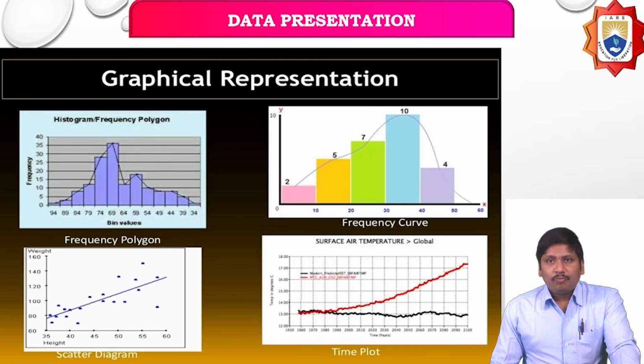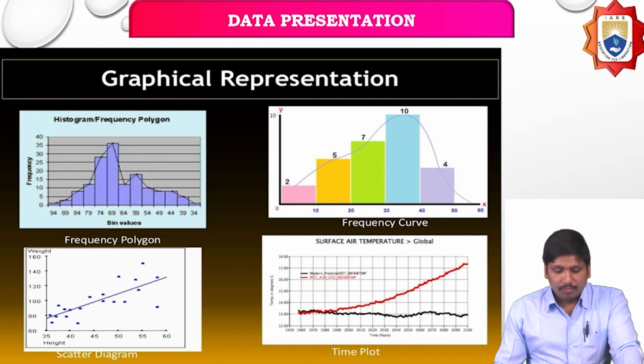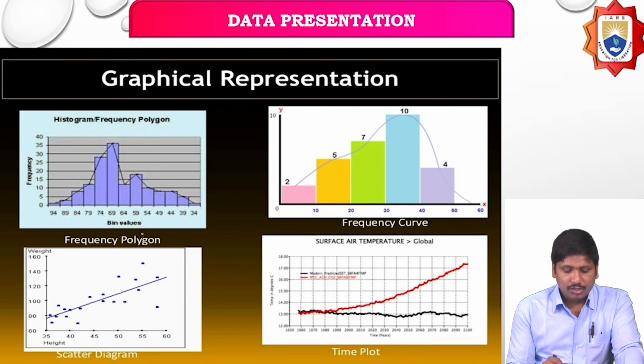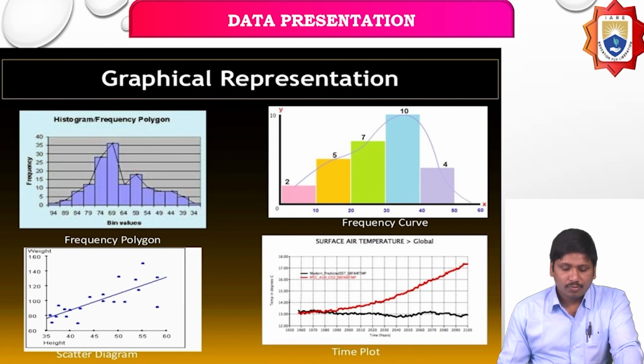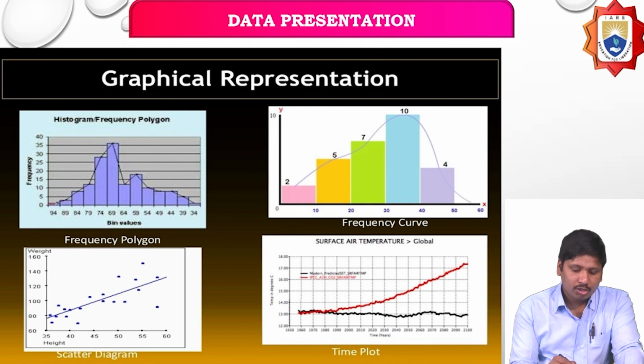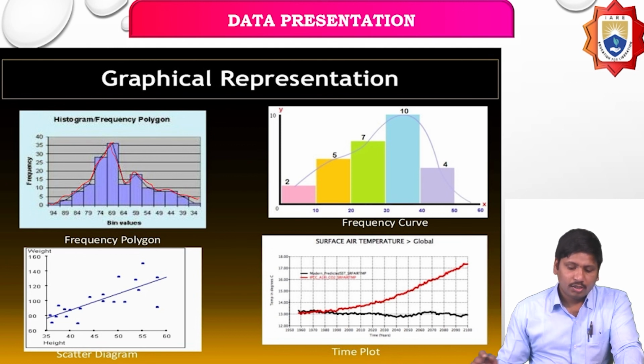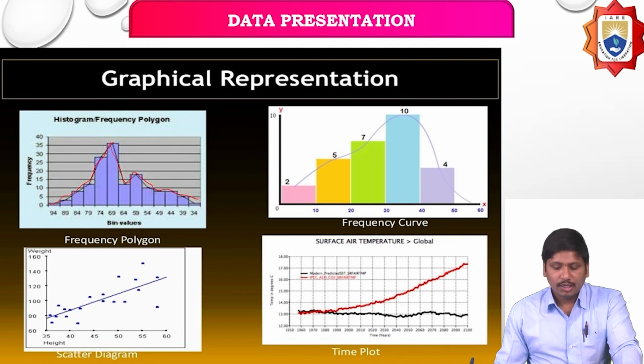Some other pictures for representing this data are the frequency polygon. For each and every bar there is a line that floats around the bars, and that is considered a frequency polygon.